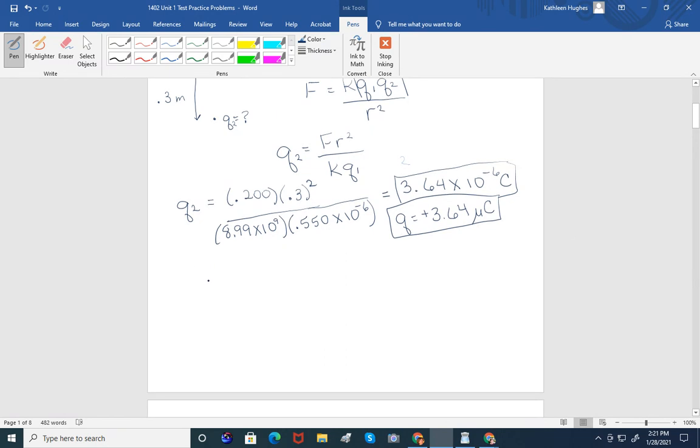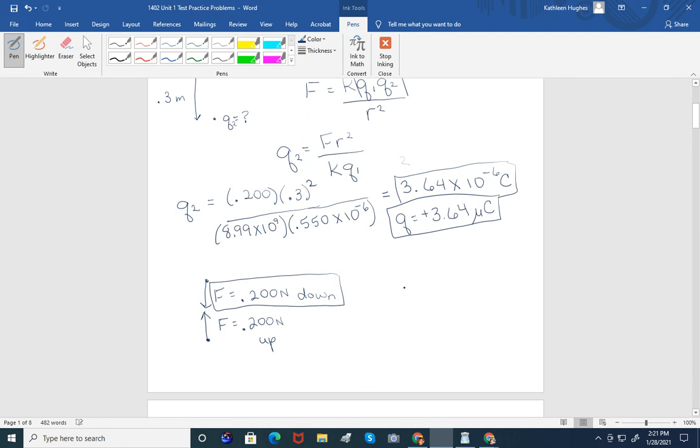We know, here's our two charges, that they are having an interaction, and that Q2 feels a force that is 0.200 newtons up. That means this particle has to feel an equal opposite force that is 0.200 newtons down. That's the answer to the question.